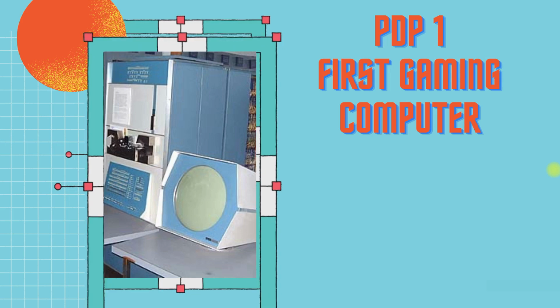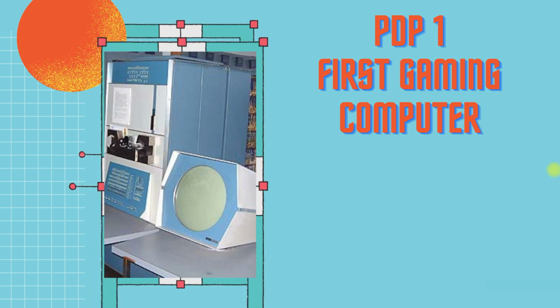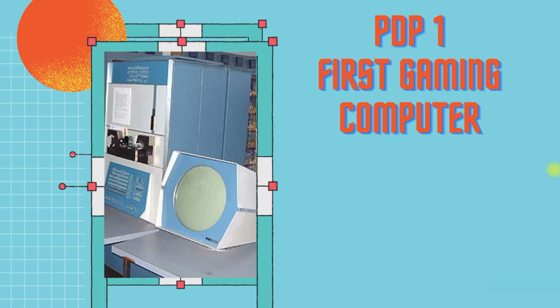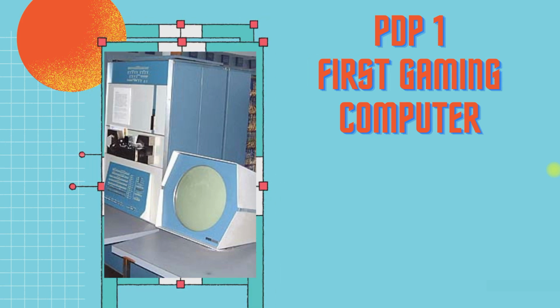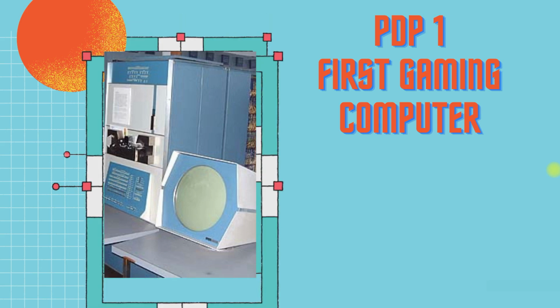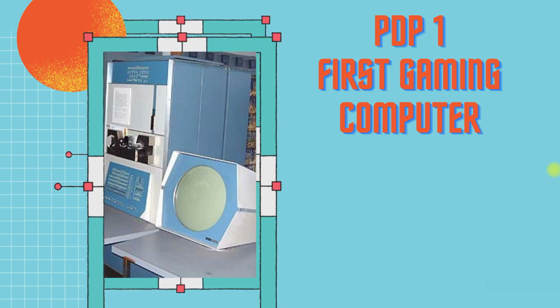These were the first computers to store their instructions in their memory. During this period, the first computer game named Space War was seen on a PDP-1 computer.